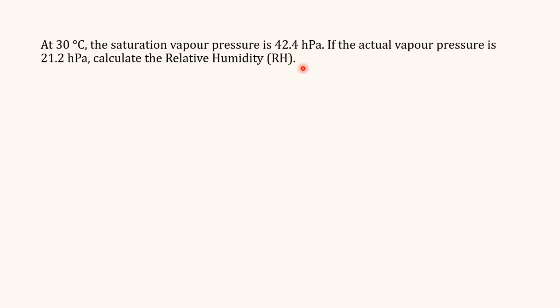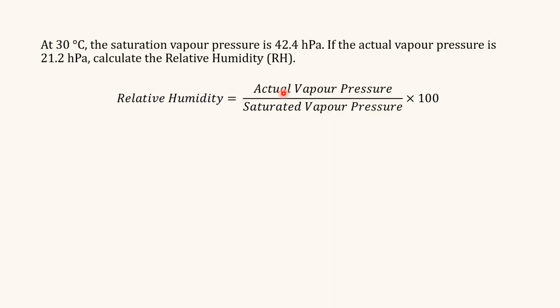In this question also, we will use the same formula, actual vapor pressure divided by saturated vapor pressure into 100. Actual vapor pressure is 21.2 hectopascal and saturated vapor pressure is 42.4 hectopascal. When we calculate 21.2 divided by 42.4 into 100, we get the answer 50%. So the answer to this question is 50%.